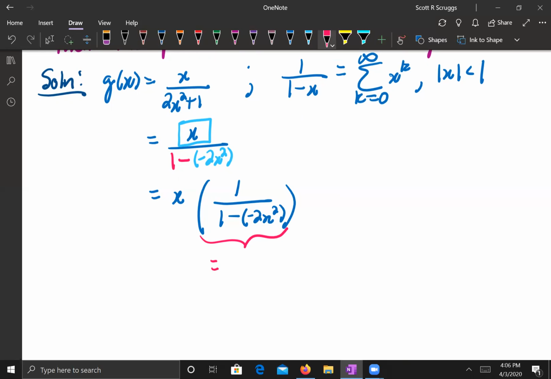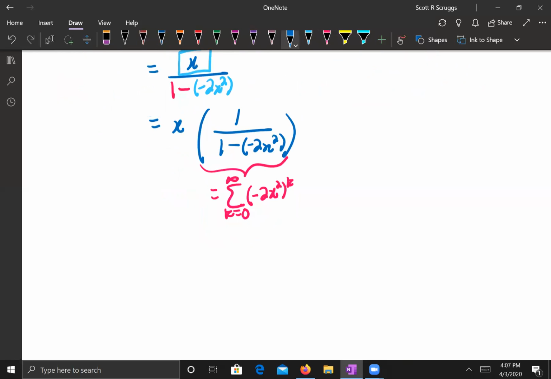The only difference now is wherever I saw x originally, I'm going to replace it with negative 2x squared. So that means I now have x times the power series k starting at 0 to infinity of negative 2x squared to the kth power.